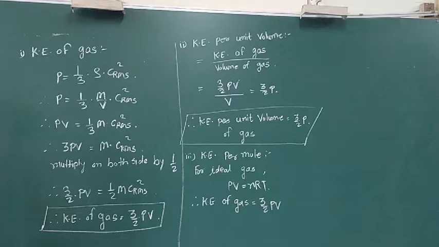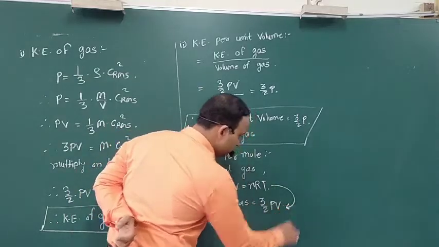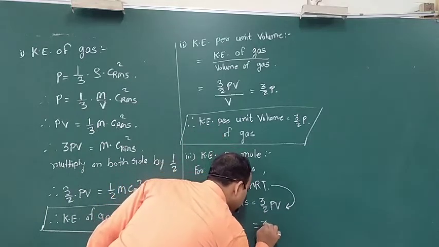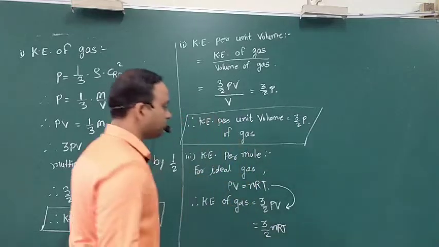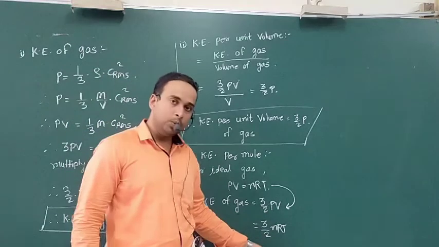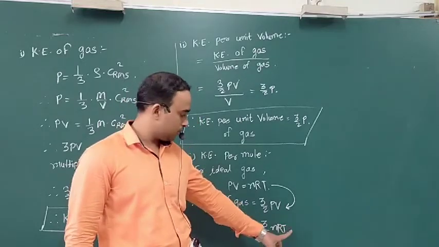Now for an ideal gas, the kinetic energy per mole. See here, this value of PV is substituted in this equation, so we get kinetic energy of gas equal to 3/2 nRT. 3/2 is a number, so it is constant. n is the number of moles, also constant.